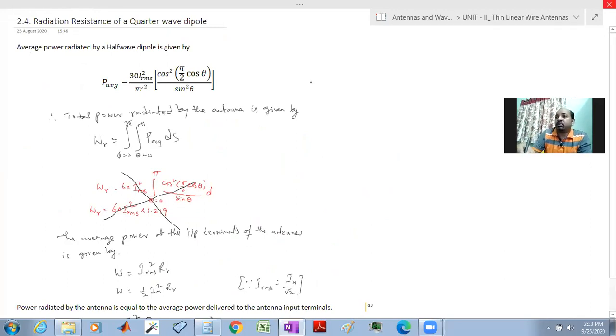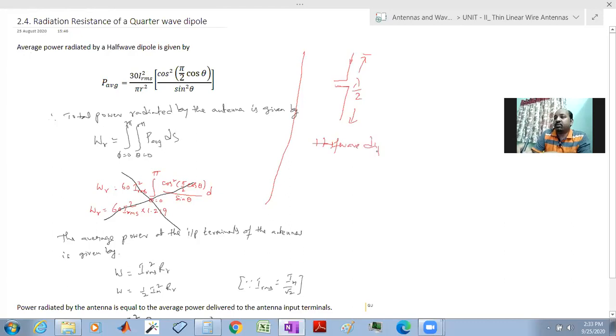Why? Let me compare the half wave dipole and the quarter wave monopole. This is the half wave dipole, whose length is lambda by 2.